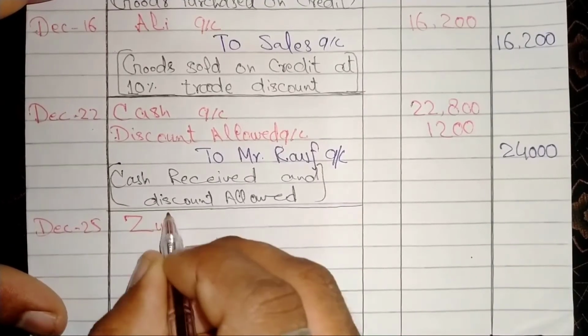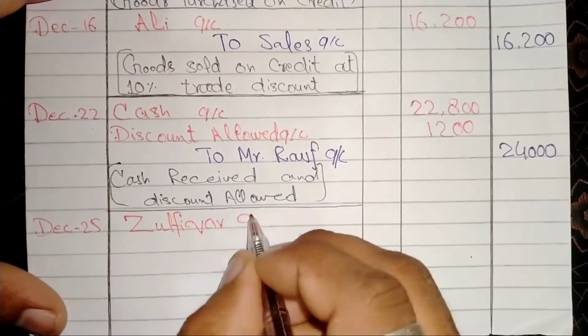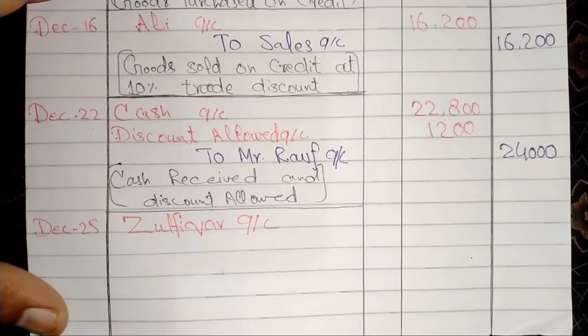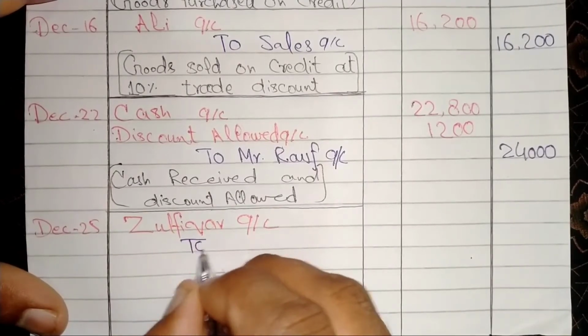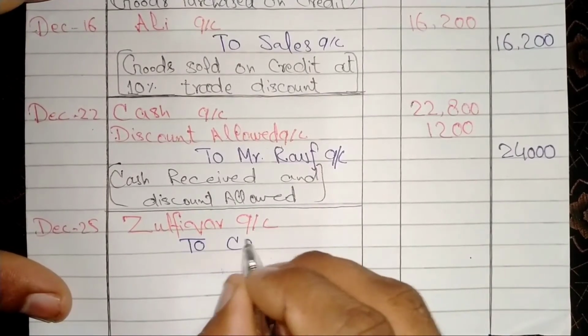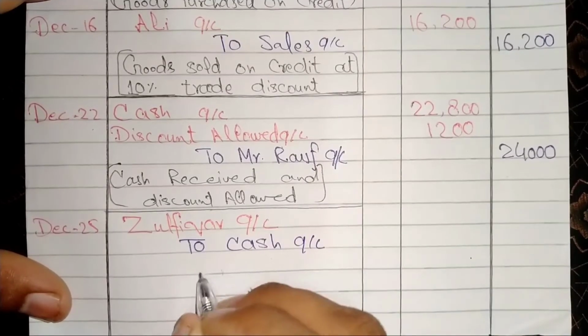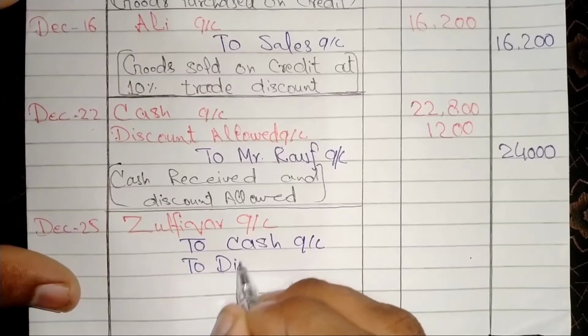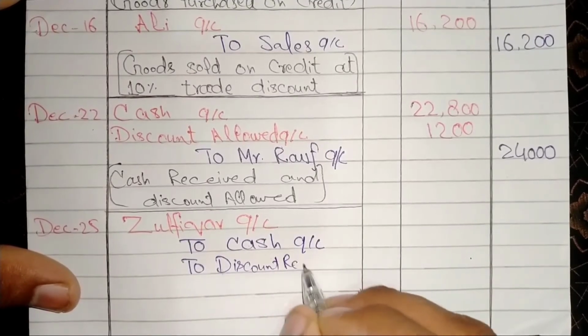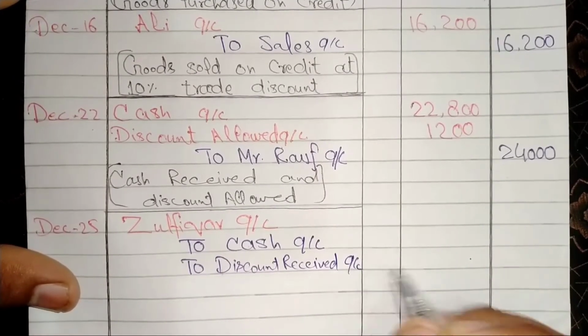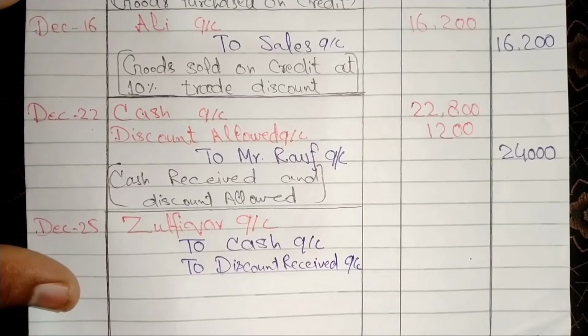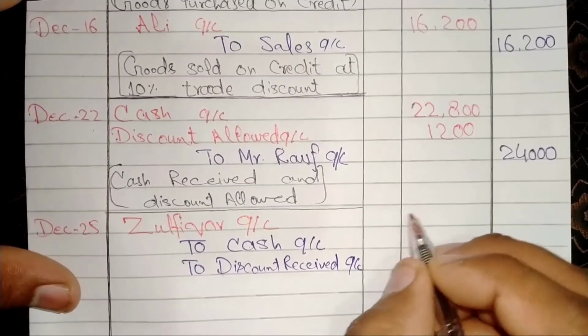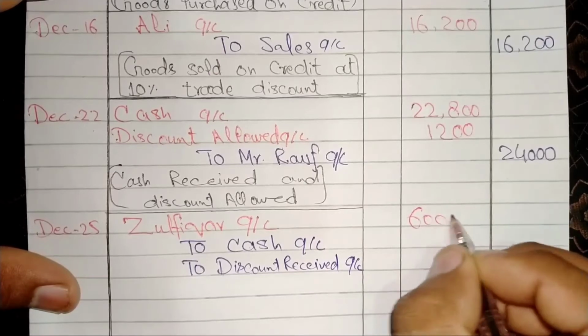Zulfikar account debit to cash account credit and also discount received account credit with amounts, the total amount given by the business, which is $6,000.